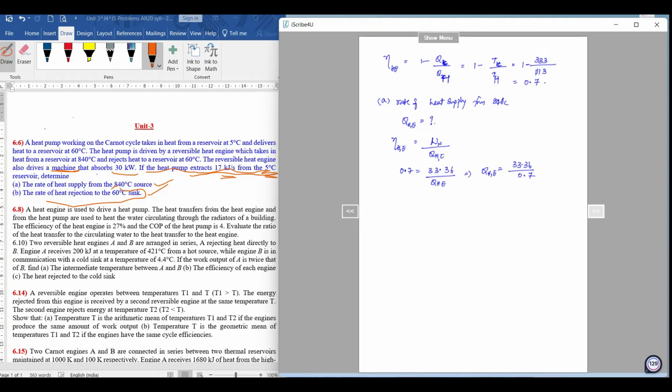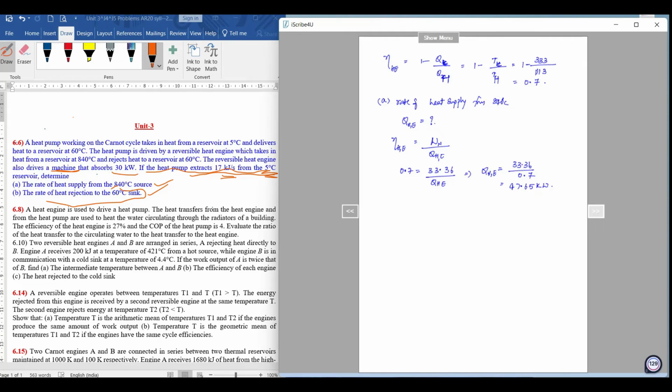So this comes to be, just a moment, I just have to calculate this. This is 47.65 kilowatts, right?